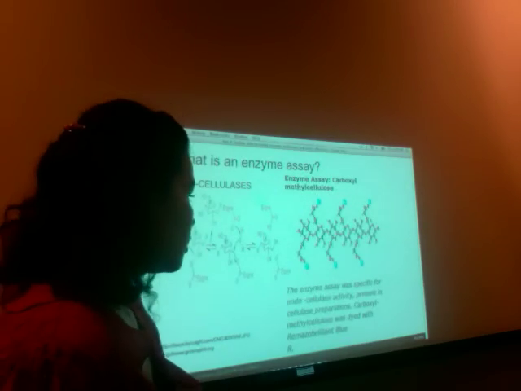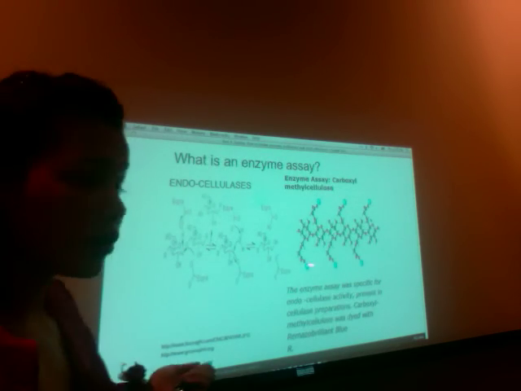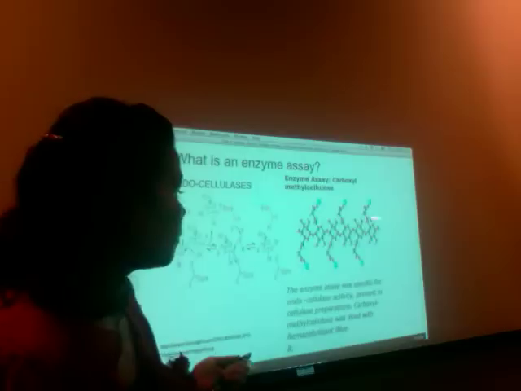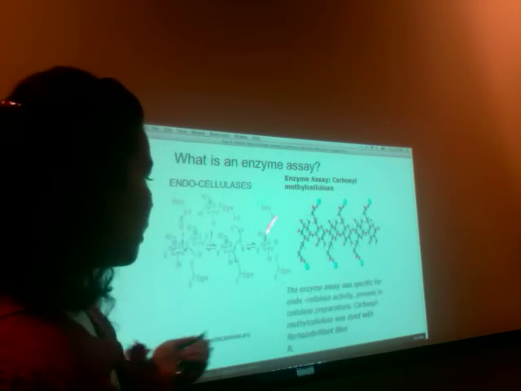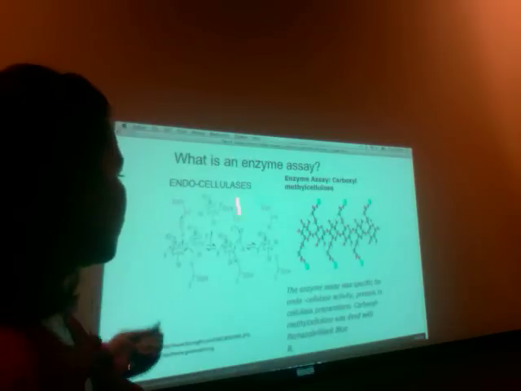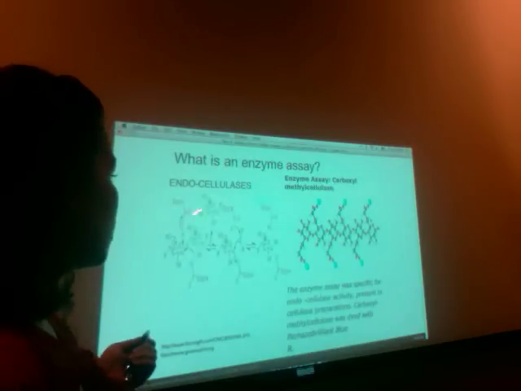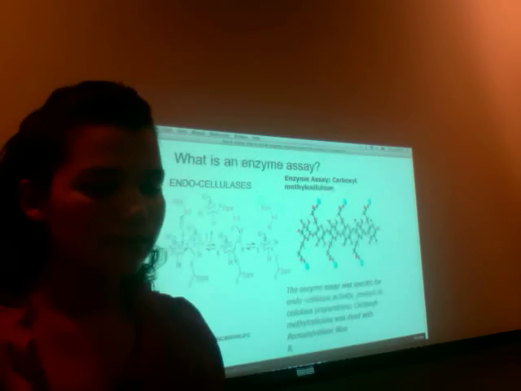In the assay we use a cellulose structure with dye attached to it every 20 monomers. We wanted to see if the cellulase can cut the cellulose.